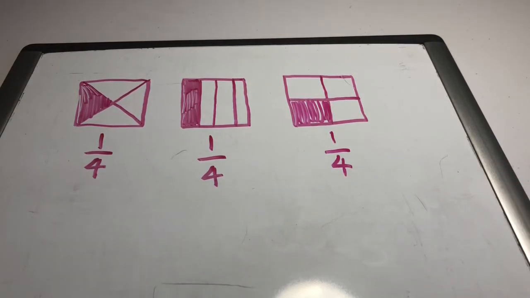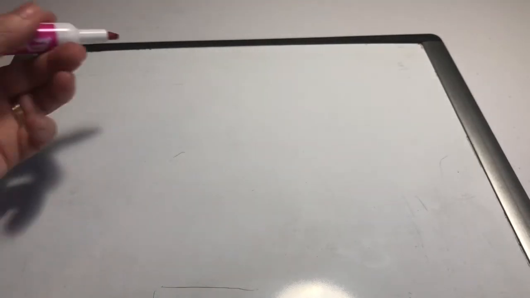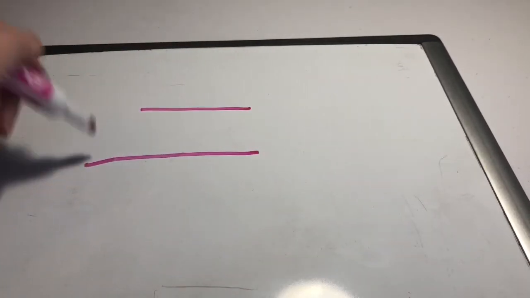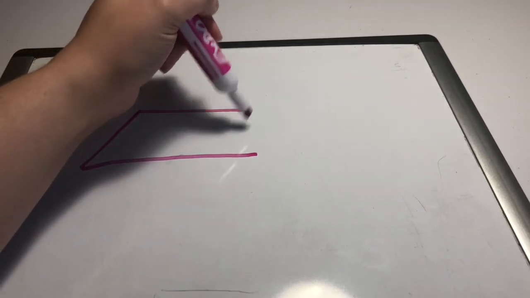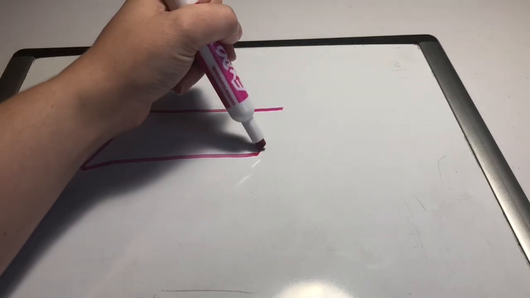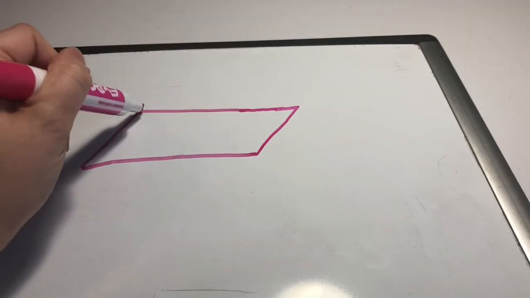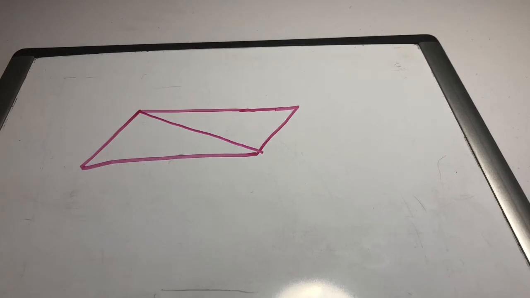Let's look at a different shape. Let's see, we could do a parallelogram. Okay, so I could draw a diagonal line and make this into halves.